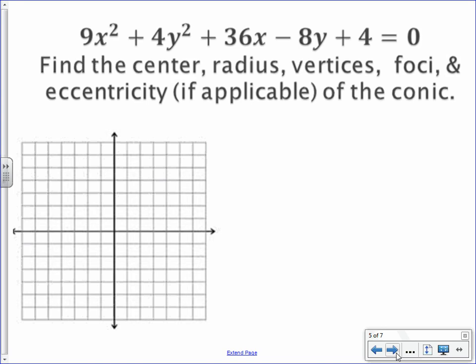We have a coefficient in front of x squared, so that is going to have to be factored out. So instead of 36x, a 9 has to be factored out of that, so we're going to write 9 times the quantity x squared plus 4x.